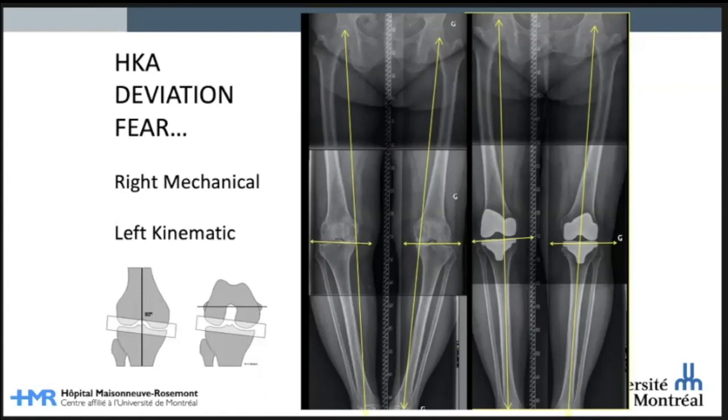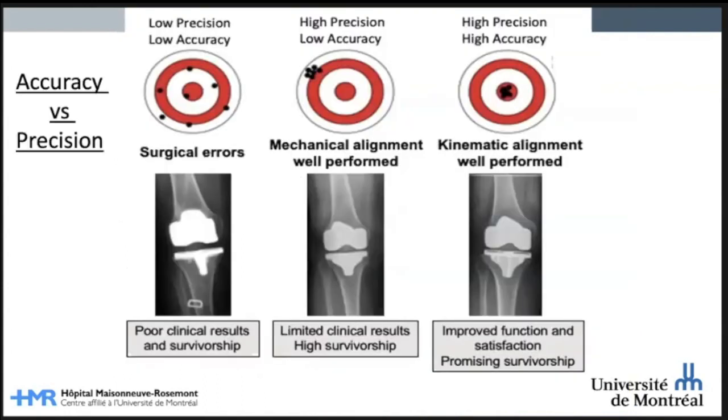So in most cases of kinematic alignment technique, your final HKA will be in the range of -1, 0 to +1 degree alignment.